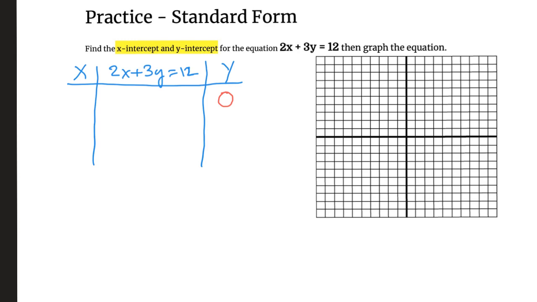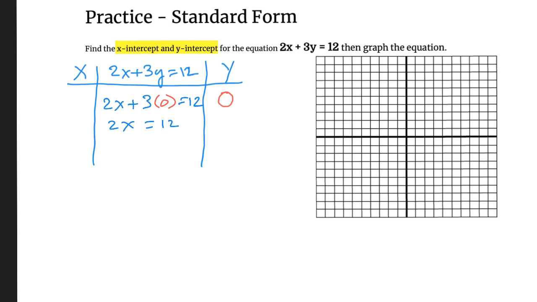We have 2 times x, and I'm going to plug in 0 there, equals 12. And then I have 2x. 3 times 0 is 0, so that effectively cancels out. And I'm left with 12 on the other side.